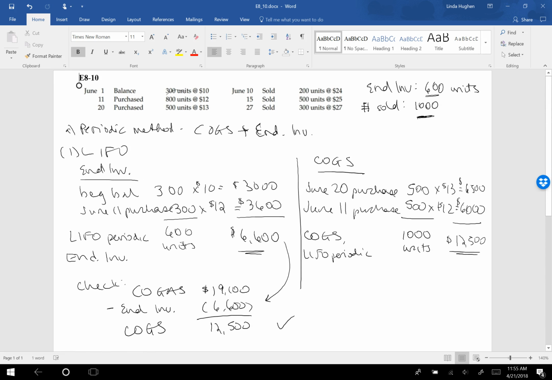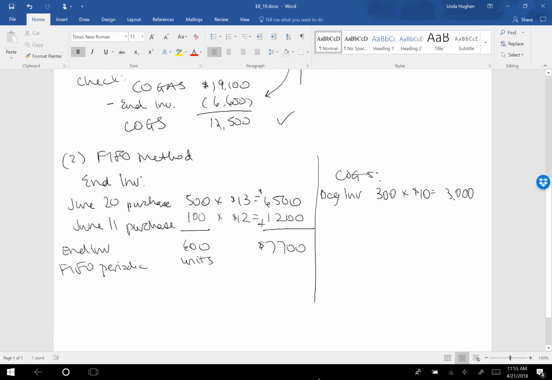And then let's assume we started selling the next earliest purchases. On June 11th, we had 800 units at $12. We're not accounting for sales of all these 800. We're trying to account for sales of 1,000. We accounted for 300 here. So we assume we sold 700 units from the June 11th purchase.